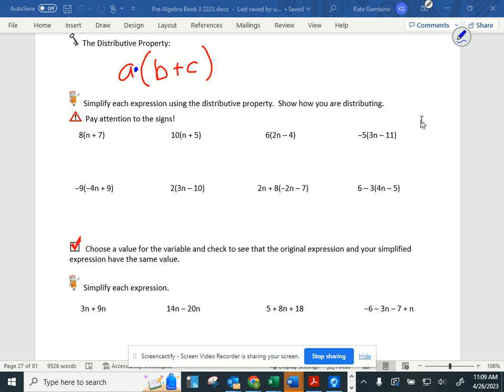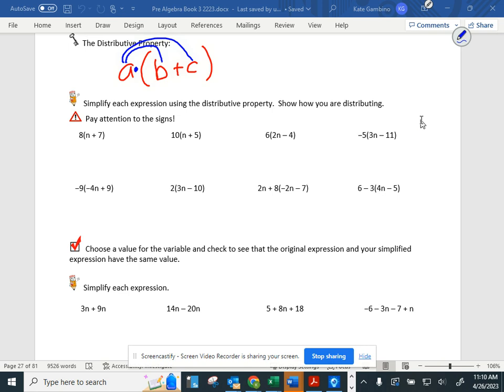So in order to take away those parentheses, we're going to multiply whatever's on the outside. It's a number, it's a variable. We're going to multiply it through to the inside. So we're going to take that A and multiply it to the B. We're going to take the A and multiply it to the C. You multiply what's on the outside through to every term that's on the inside.